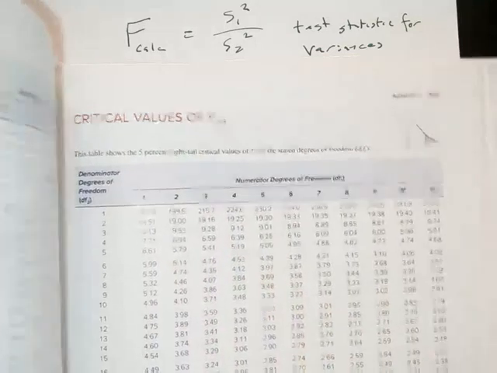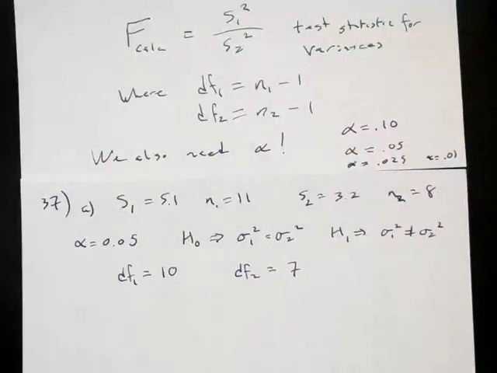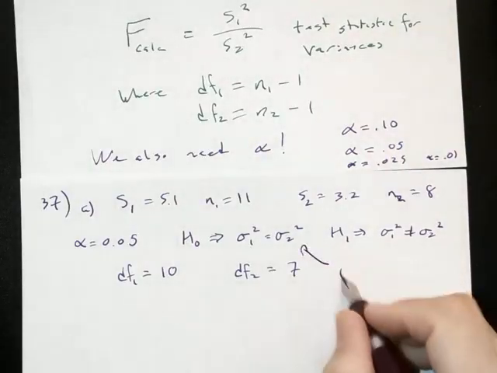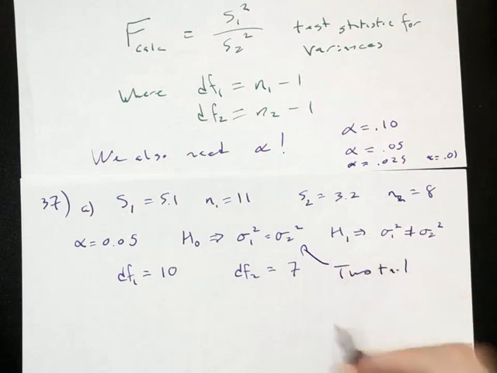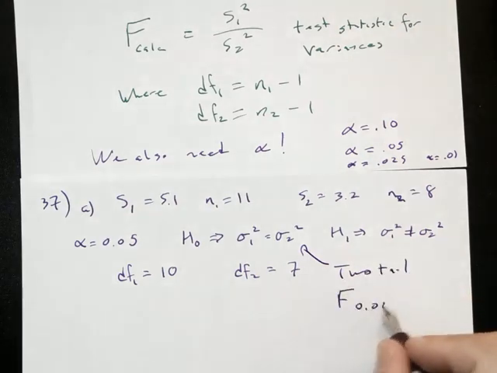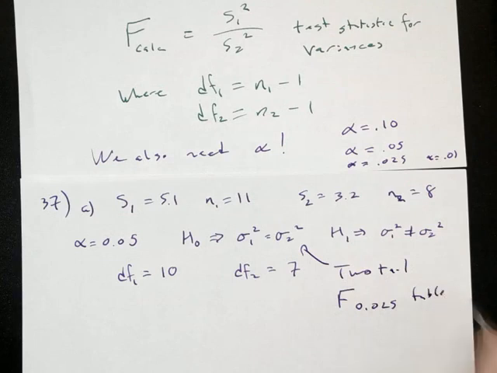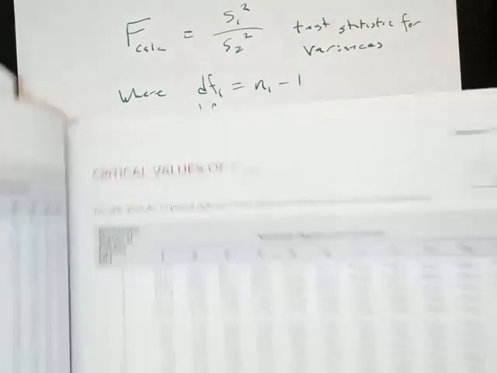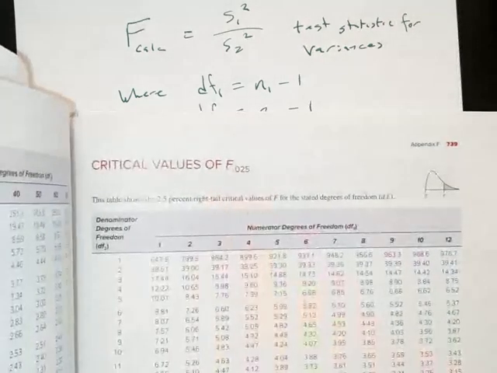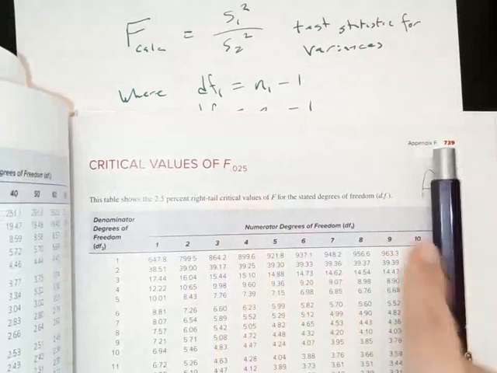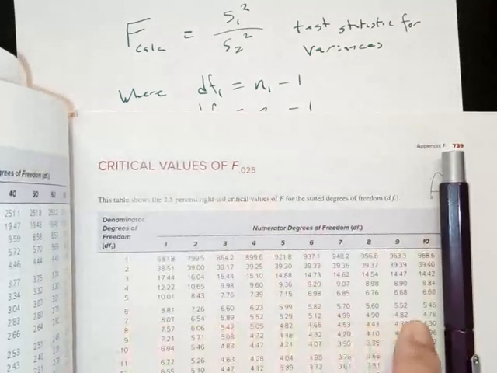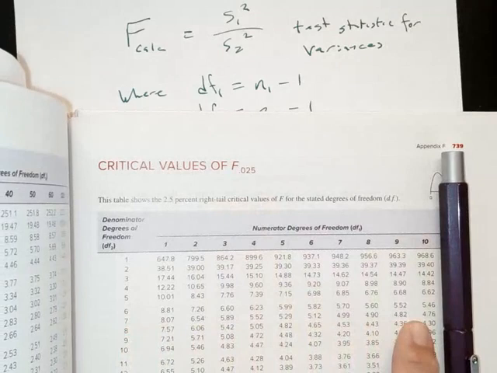I'm going to write myself a note. 2-tail, F 0.025 table. So I turn the page to F of 0.025. Now, right table. 10, 7 gives me 4.76. I'm going to write that down.